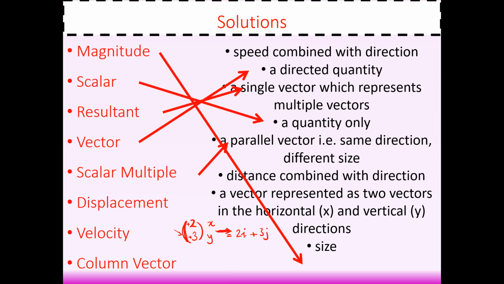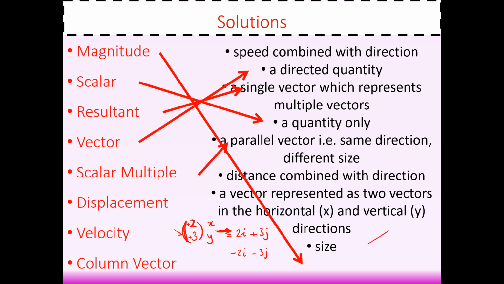So I already have written this vector (2, 3), or 2i plus 3j. What is another vector that's parallel to that?